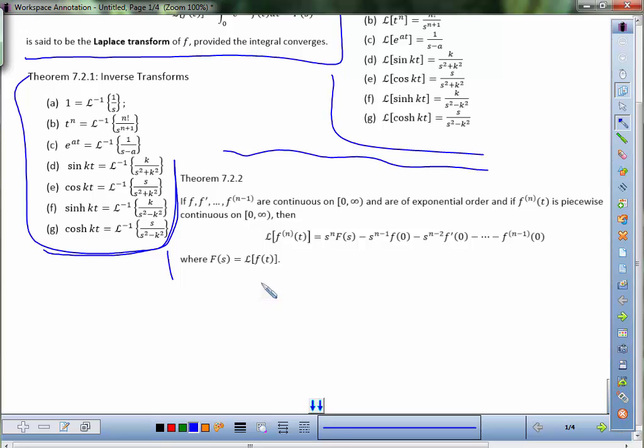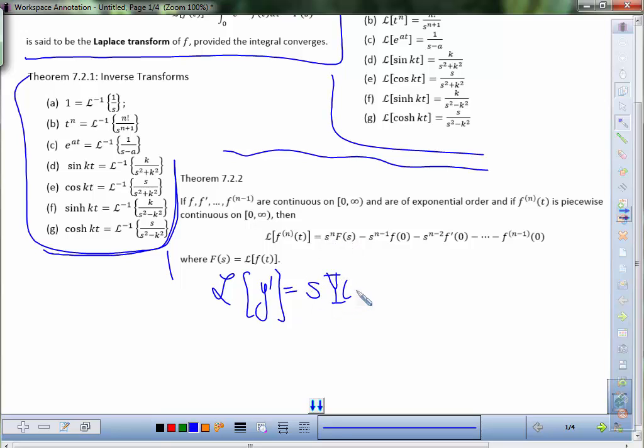So if we just have the first derivative, y prime, the Laplace transform of y prime would be, n is equal to 1, s to the first power times capital Y of s, which is the function that we're looking for in the S world, minus s to the power n minus 1, in this case n is equal to 1, so s to the 0, and so you just have y of 0.